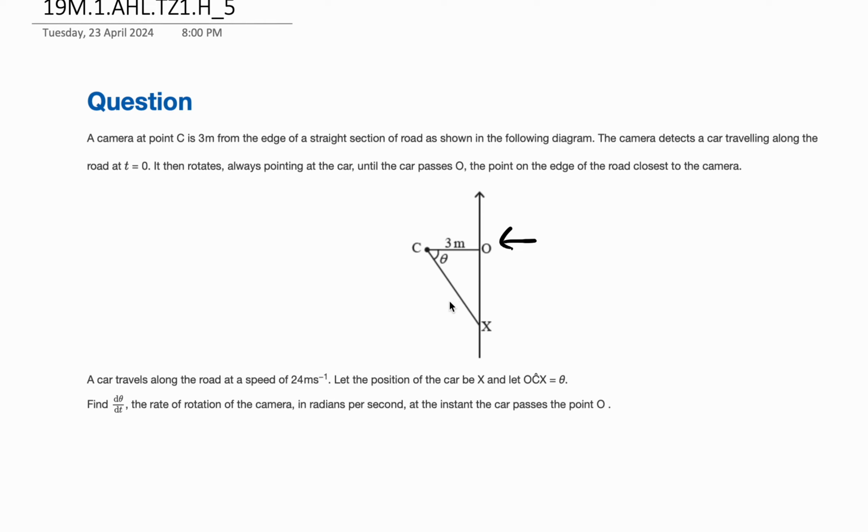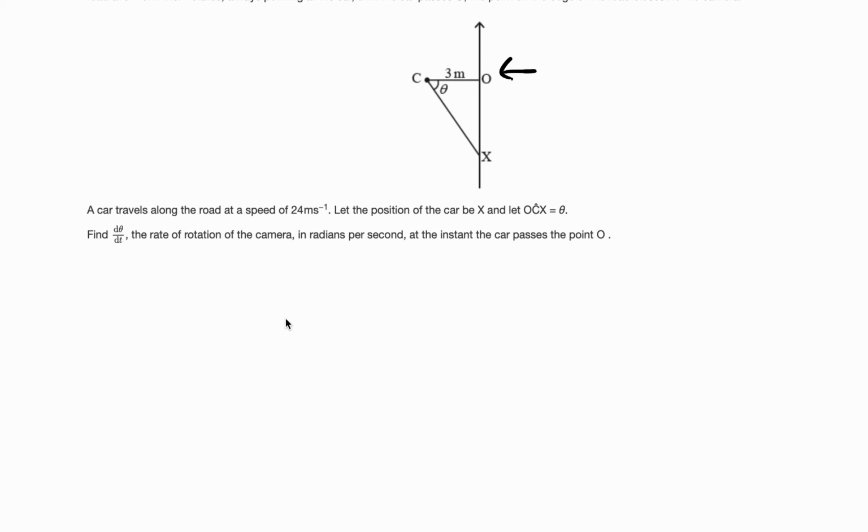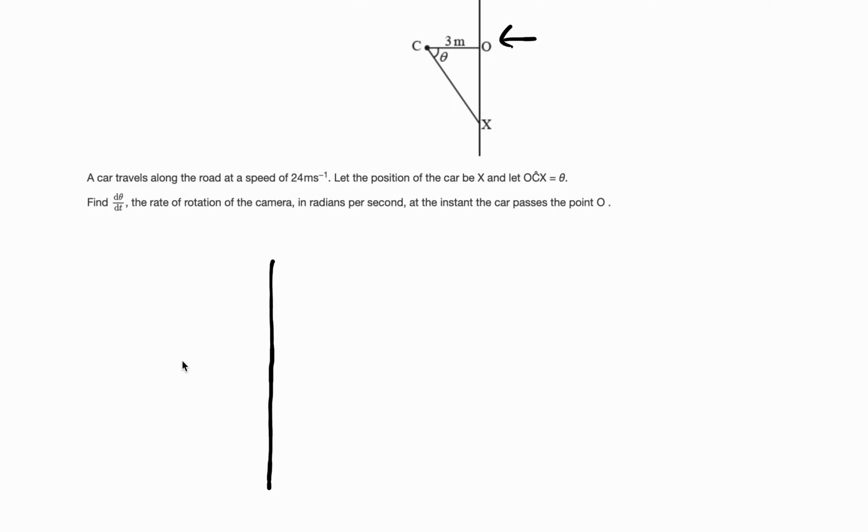Let me draw a diagram. This can be my own diagram. So this is a point O and there's a camera right there. We know the camera is 3 meters away. Let's say there's a car right there and it is moving downwards.